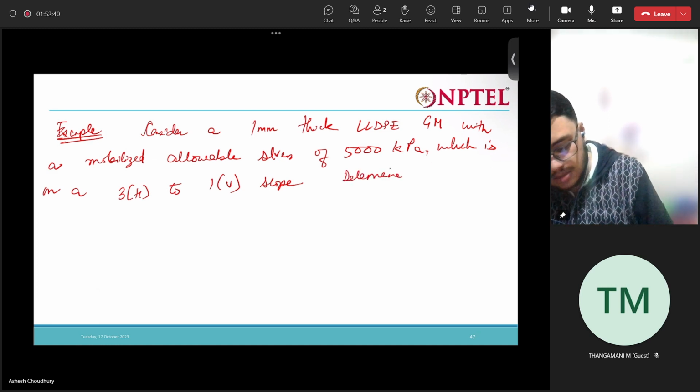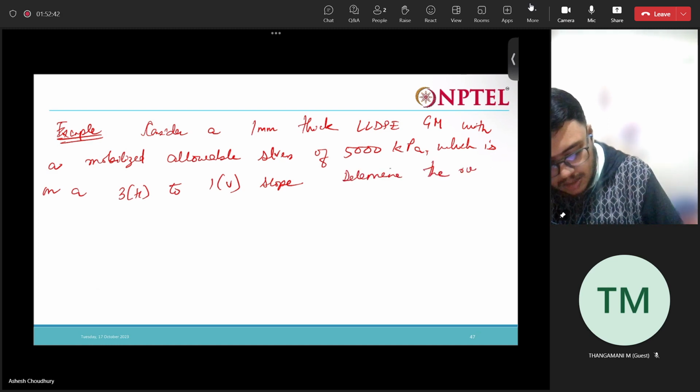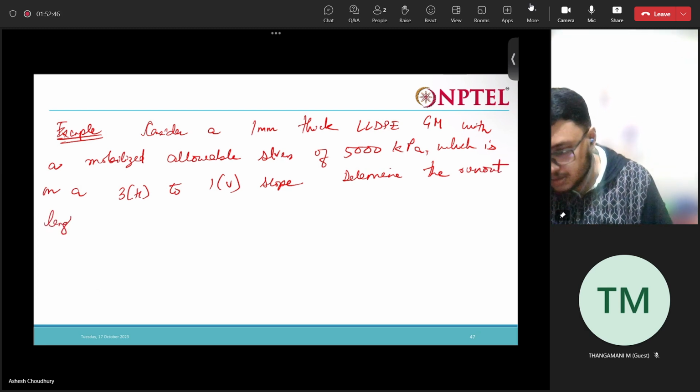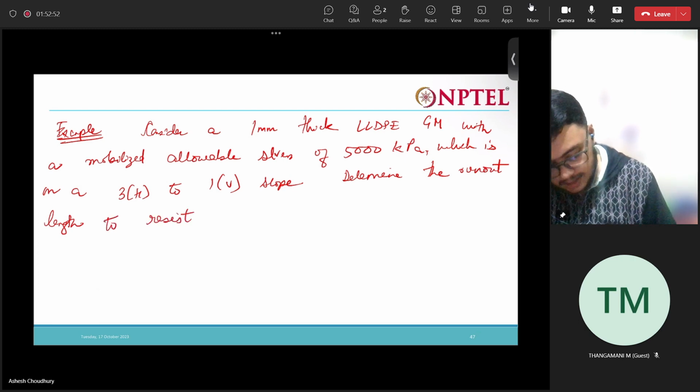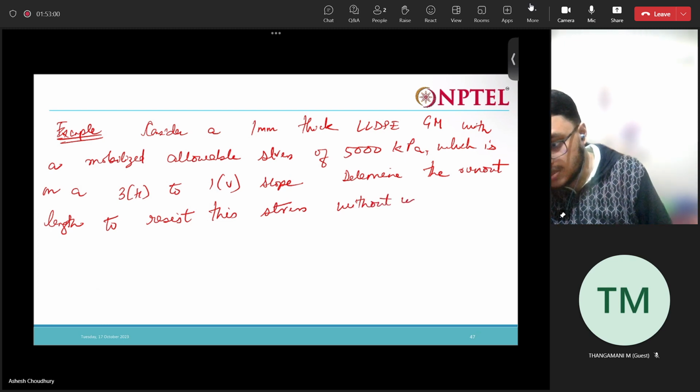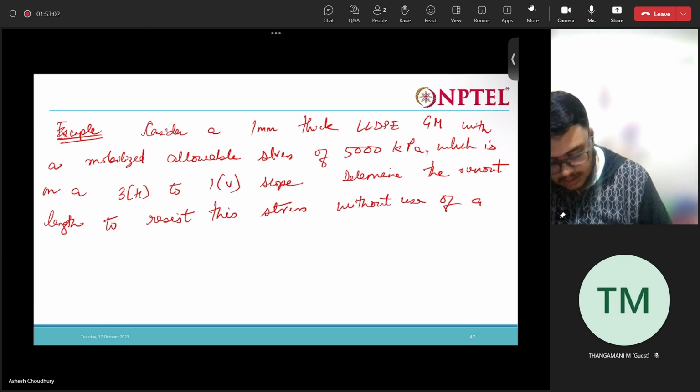Determine the runout length to resist this stress without use of a vertical anchor trench.